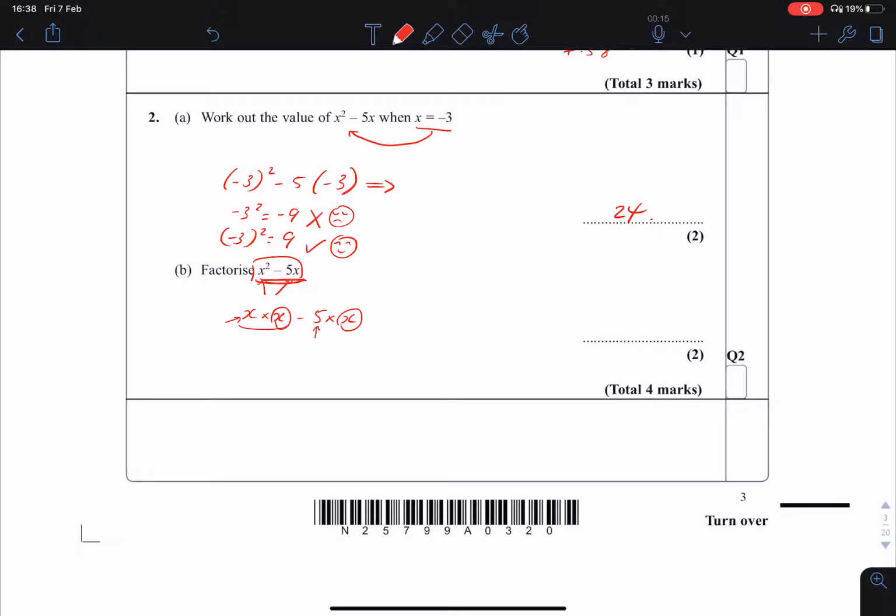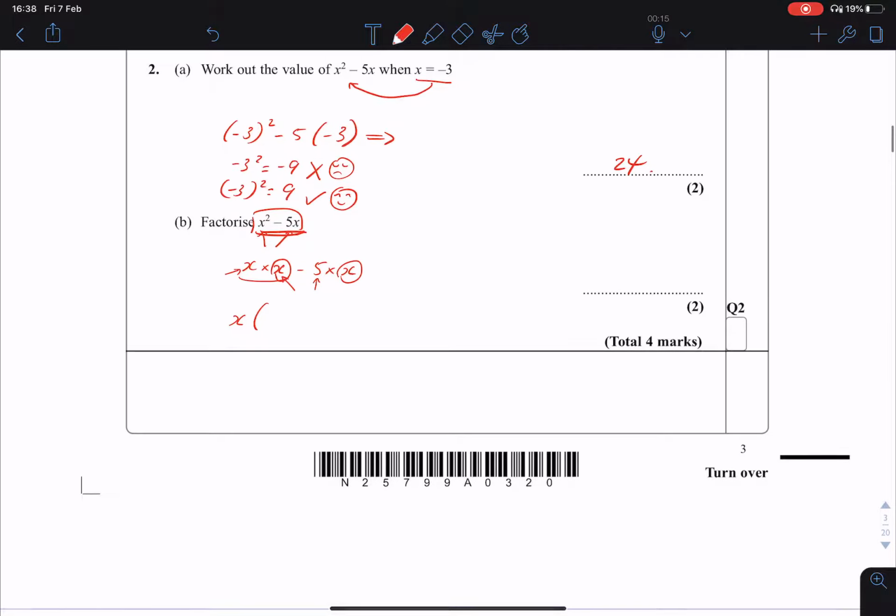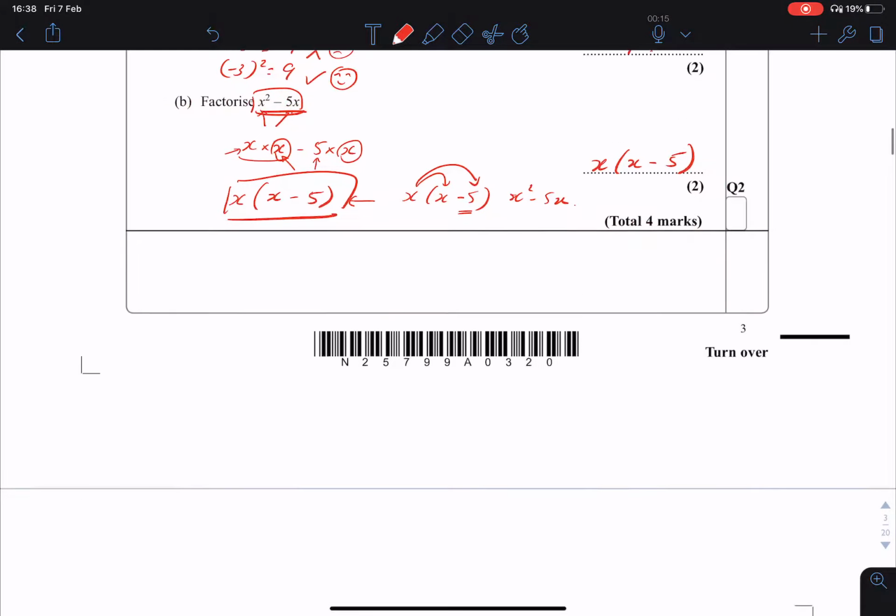So I look at my common factor, which is x, and take that outside the brackets. I put everything else that's left inside the brackets. So I've got x minus 5. And if I wanted to expand those brackets, it would be x times x, and then x times negative 5, which is x squared minus 5x. So our answer right here is going to be x times x minus 5.